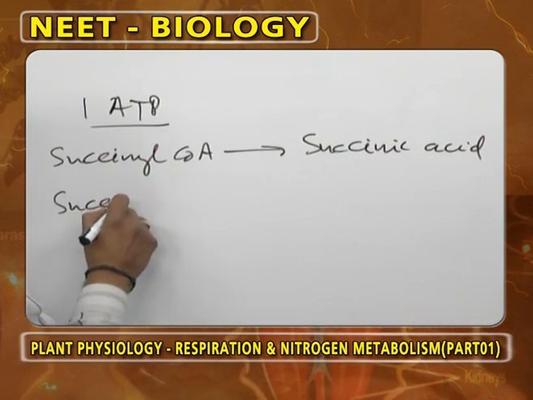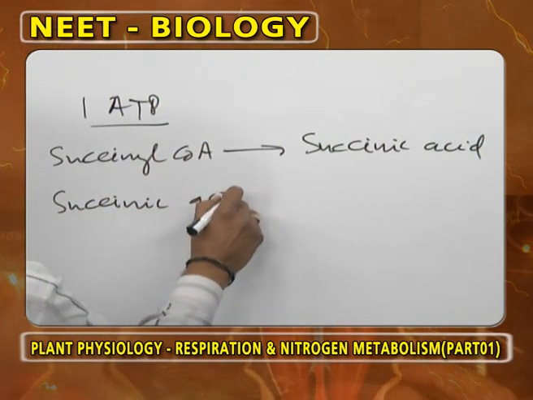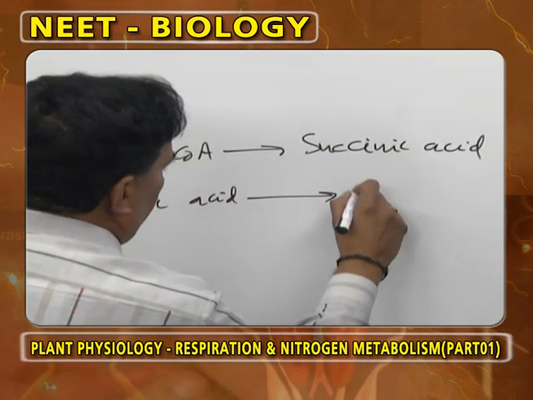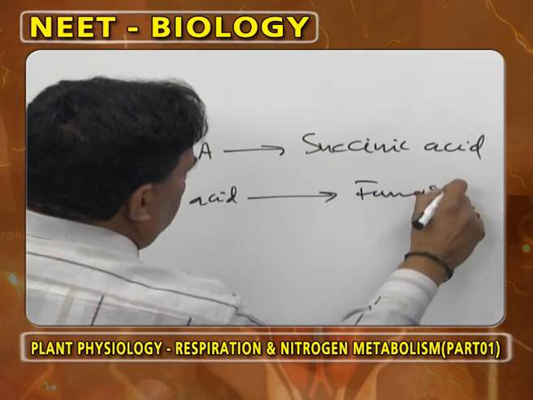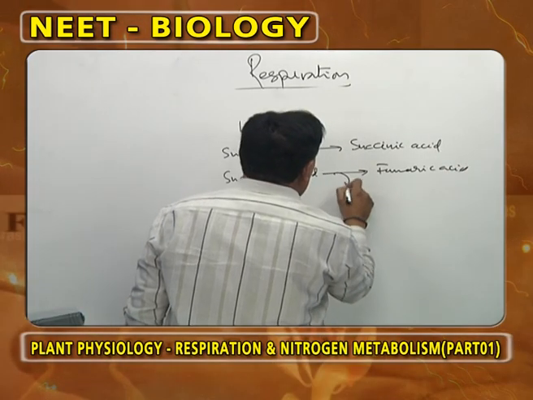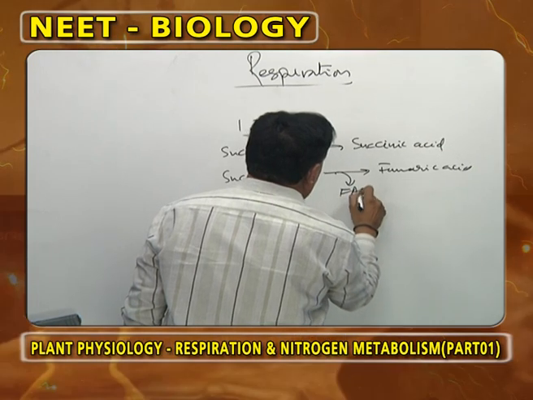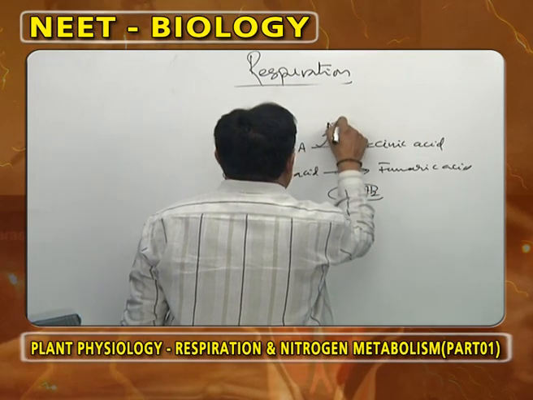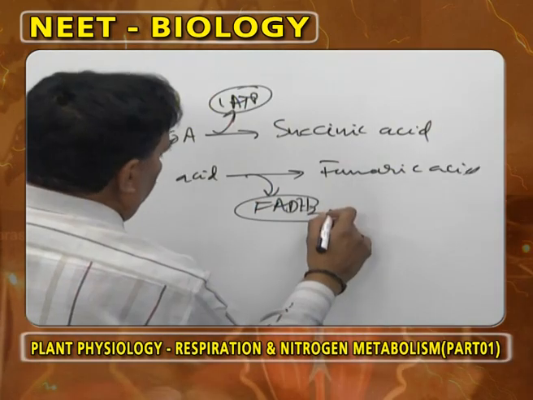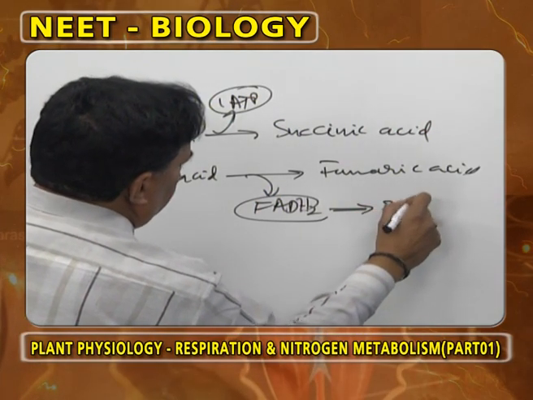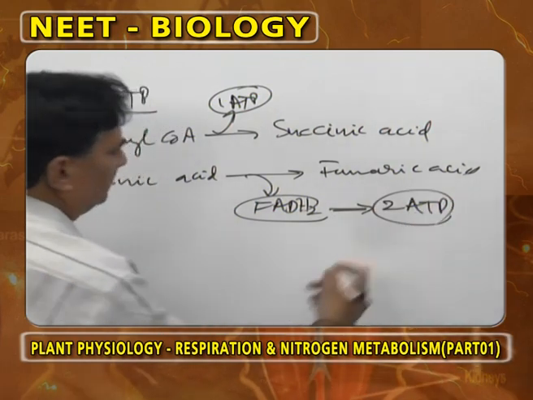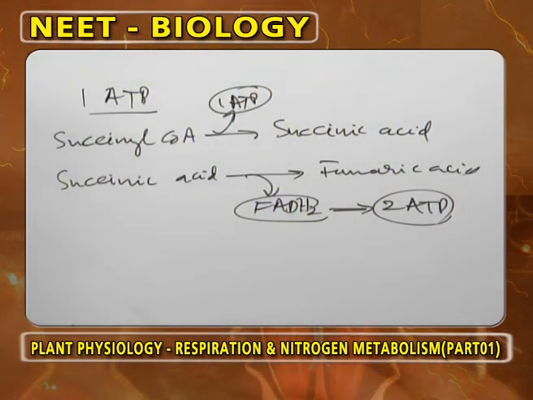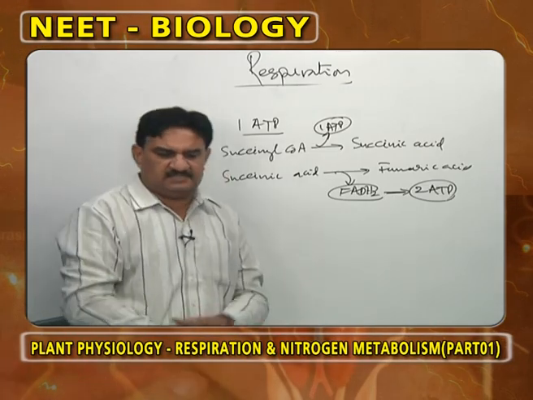Then when succinic acid converts into fumaric acid, FADH2 is formed. So here one ATP is formed, here one FADH2. When FADH2 participates in electron transport system, it is equivalent to 2 ATP. So 1 plus 2.